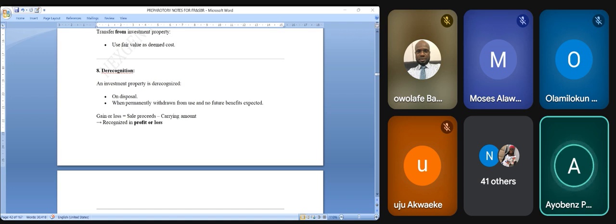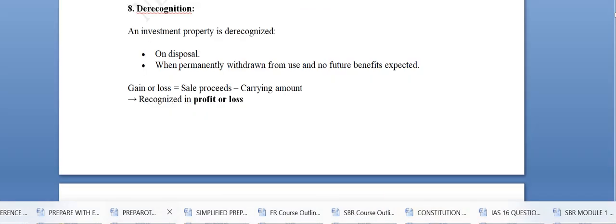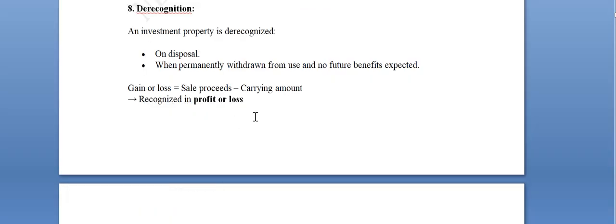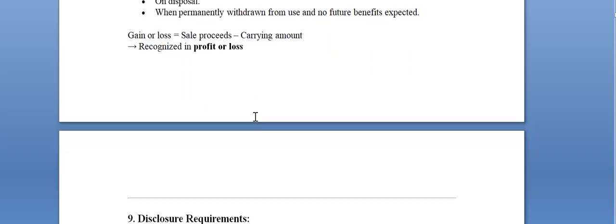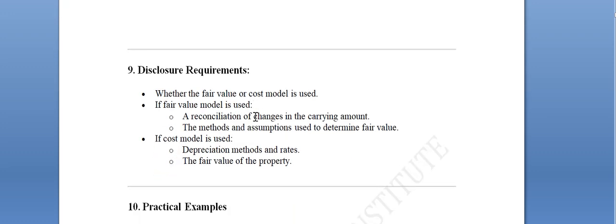Now quickly let's go to the disclosure, because the disclosure is also very, very important. I told us whenever we are looking at any standard, we look at the overview, we look at the recognition, we look at the measurement basis, and then we look at the disclosure. Very, very important. These are the 4 key things to look at whenever you are treating any standard.